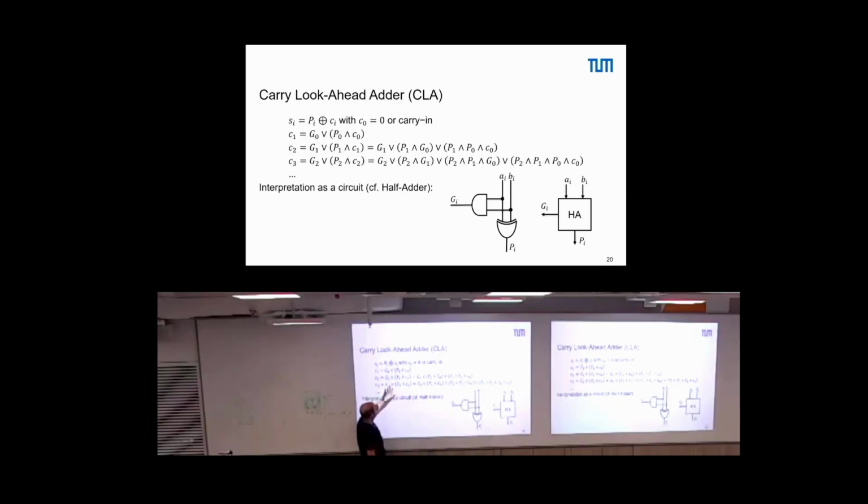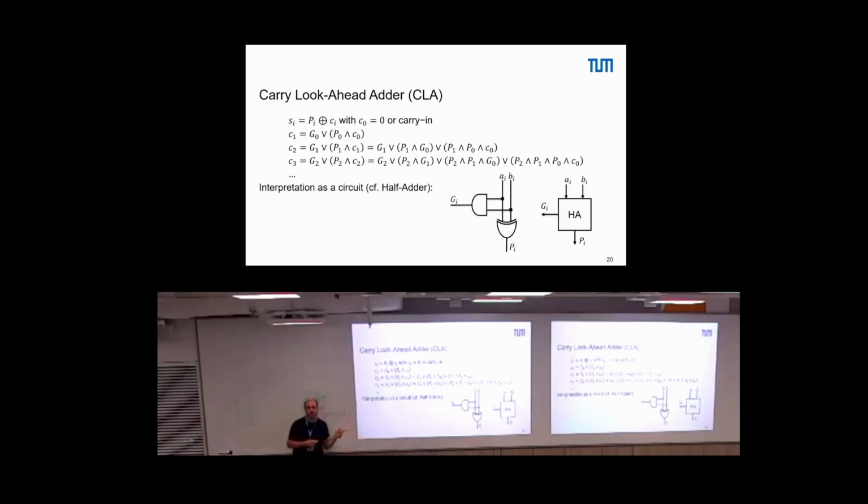The next one is effectively somewhere here. This carry out, that's the expression from the ripple carry adder, and replacing C2 by that equation, this comes out. So it's just a little bit of transformation. Agree that we can do this?